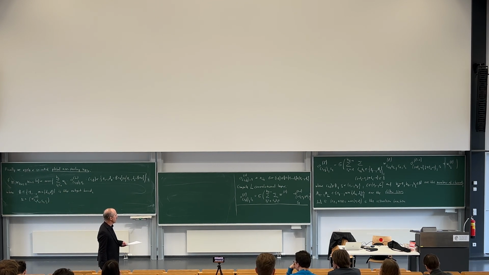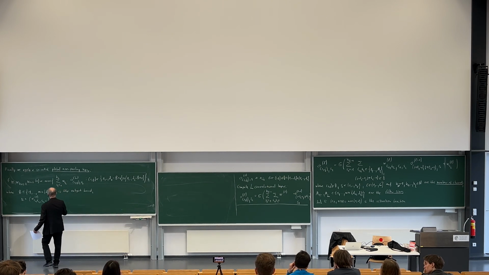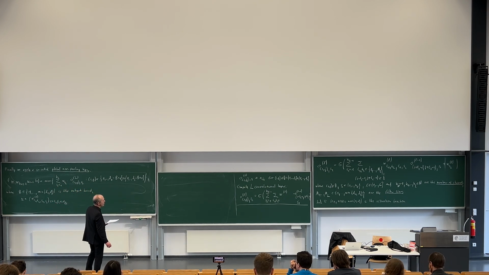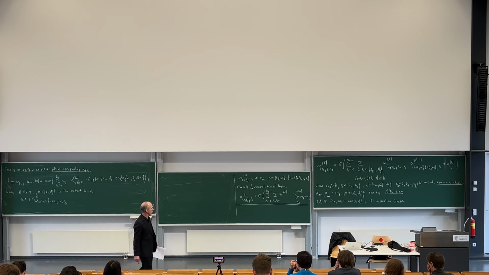So T1 and T2 are from 1 to an L. And S1 was from 1 to k minus 1.